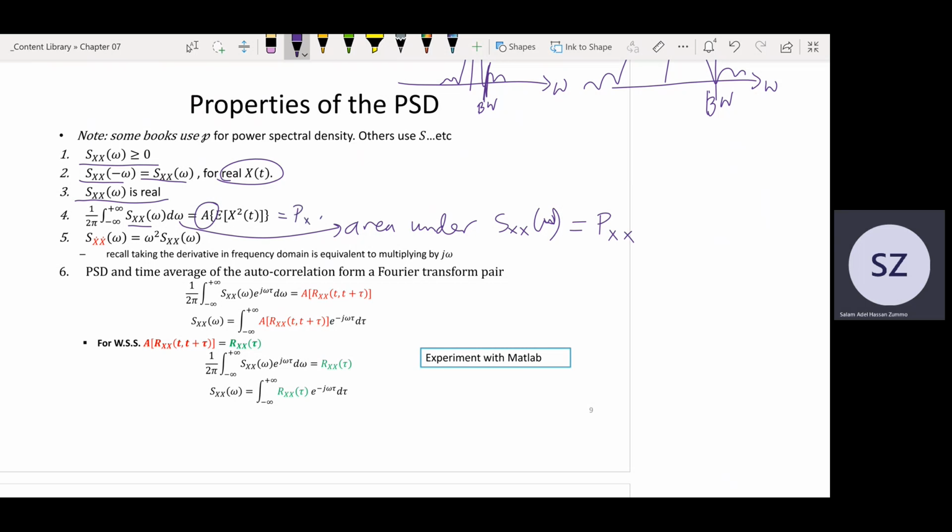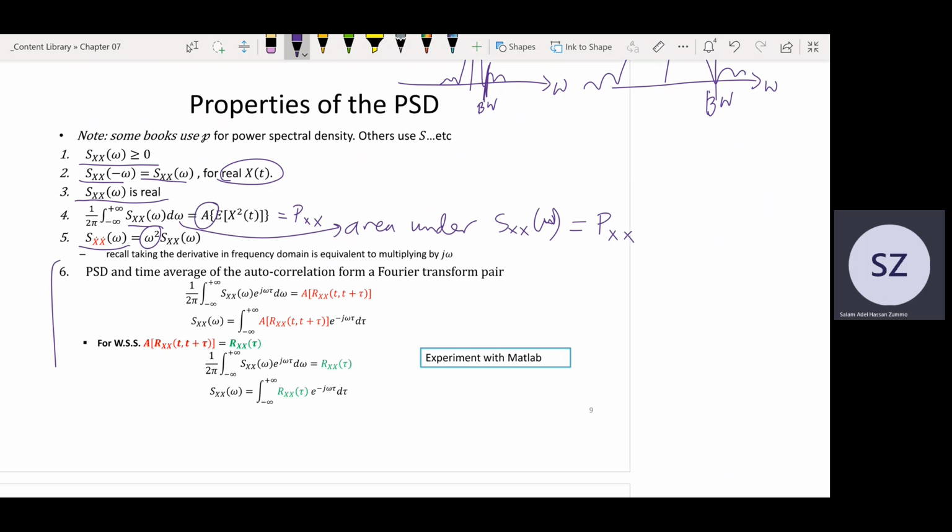It's a density function, so if I integrate it, I get the area under the curve, I get the average. Now, if I differentiate it twice, I get omega squared SX. This is just one of the properties that you need.